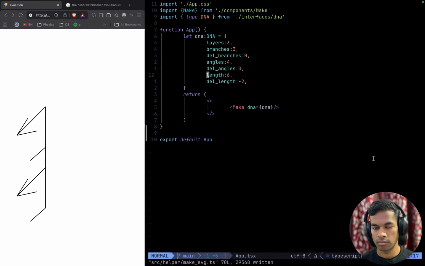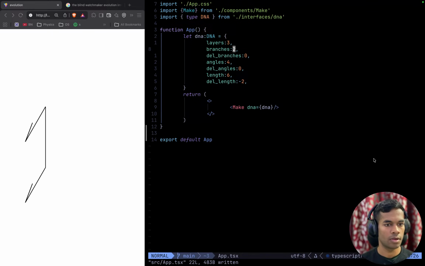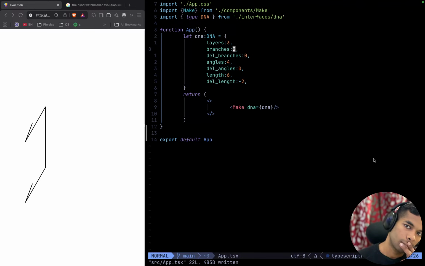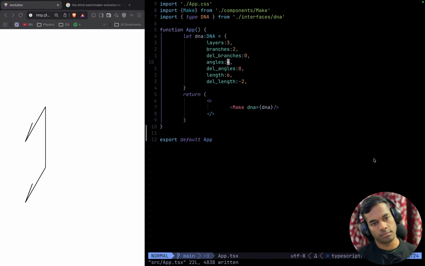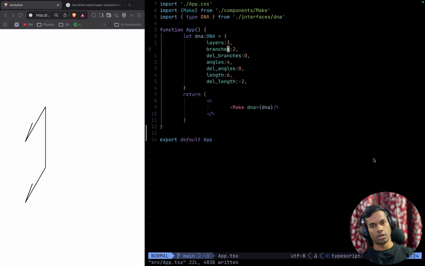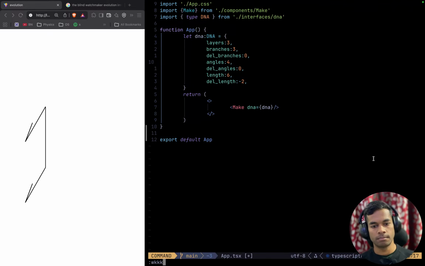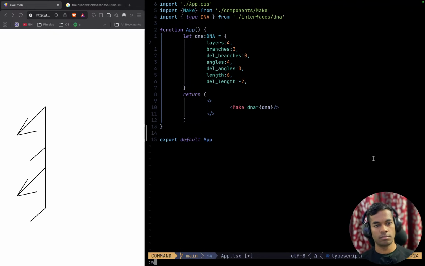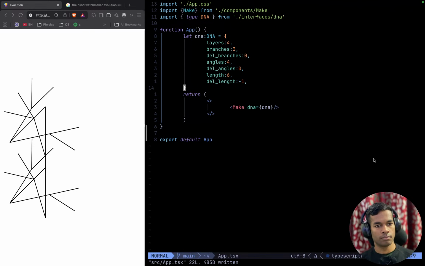This thing, if we change the number of branches, no, that is wrong. That is certainly wrong.